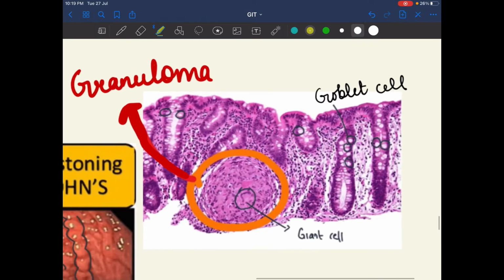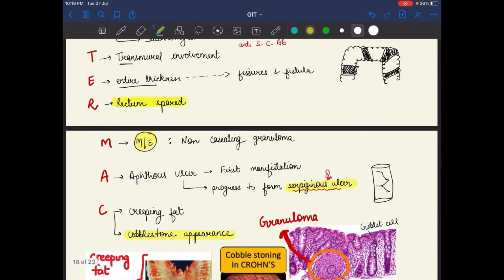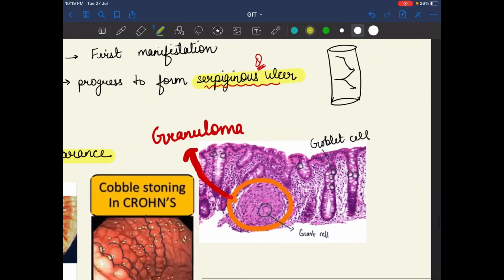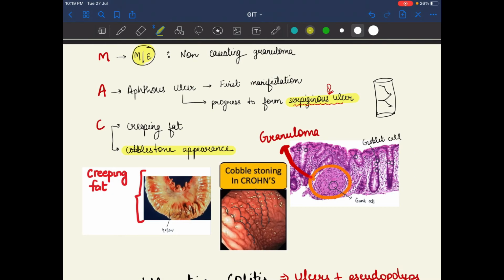So here, this is the granuloma, giant cell granuloma. A non-caseating granuloma is seen in this. And goblet cells are seen in the intestine. If goblet cells were seen in the esophagus, then it is known as Barrett esophagus. But here it is the biopsy of the intestine.